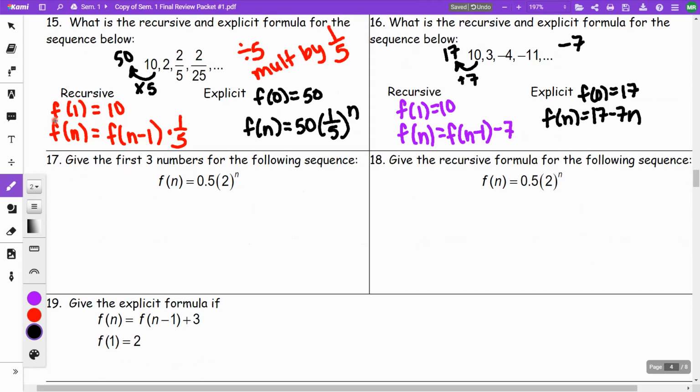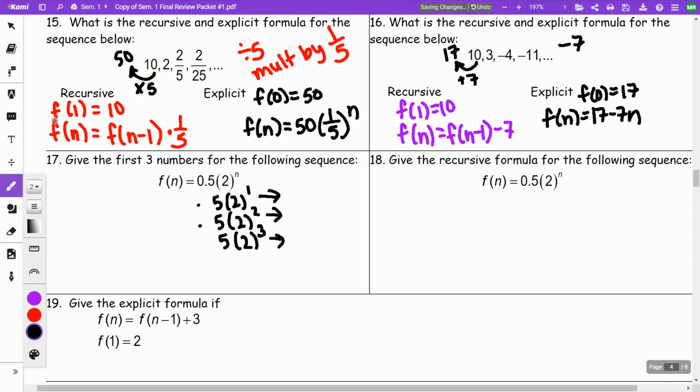On 17, I want the first 3 terms. So what I'm going to do is work out 0.05 times 2 to the first, 0.05 times 2 to the second, 0.05 times 2 to the third. Okay, I can put it in my calculator or I can do it in my head. So 2 to the first is 2, half of it.